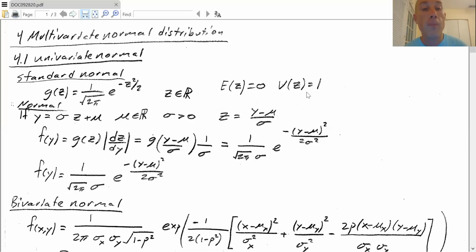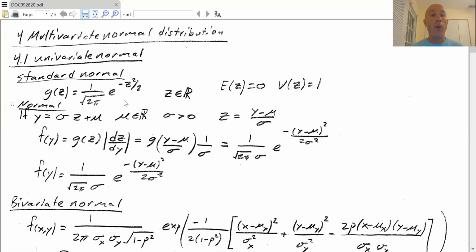We know this already. If I want to go with normal in general, what we can do is a location scale transform on standard normal. So if we say that y is equal to sigma times z plus mu, mu is a real number, sigma is positive, and correspondingly, this equation is equivalent to z equals y minus mu divided by sigma.